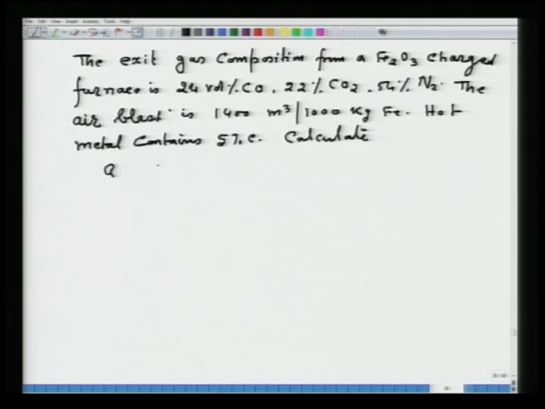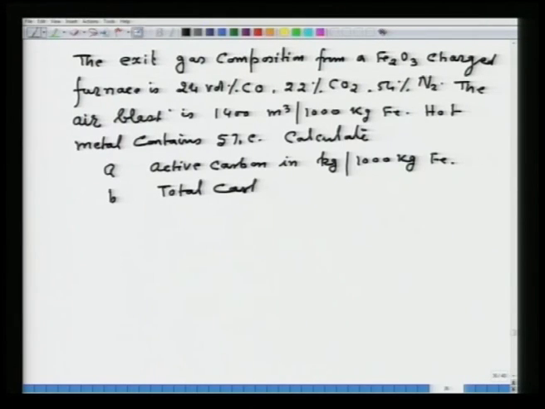A, active carbon in kg per 1000 kg of product iron. B, calculate total carbon. So, you know the procedure to calculate, I have already said it.